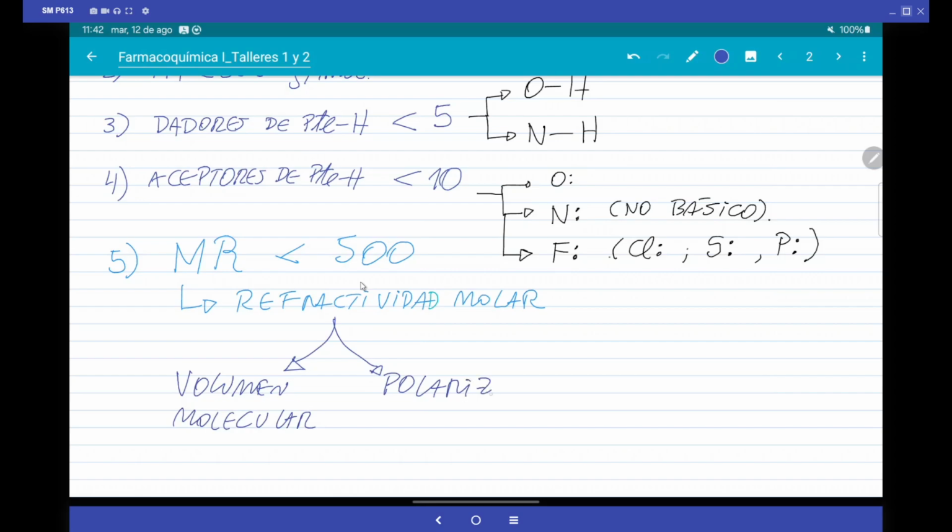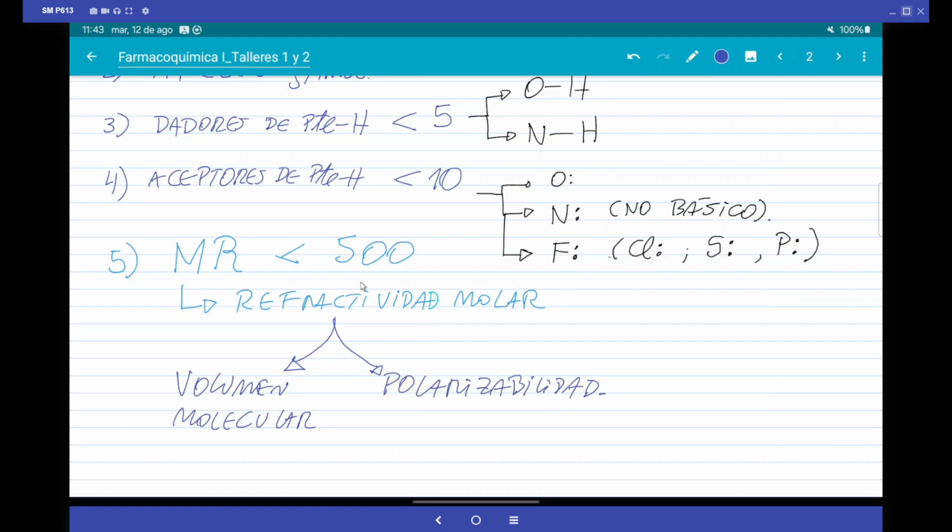That is why when one goes to the textbooks or handbooks and finds the values of calculated or measured refractivity for several molecules, the units of molar refractivity are units of volume, and many times it is expressed as molar volume.